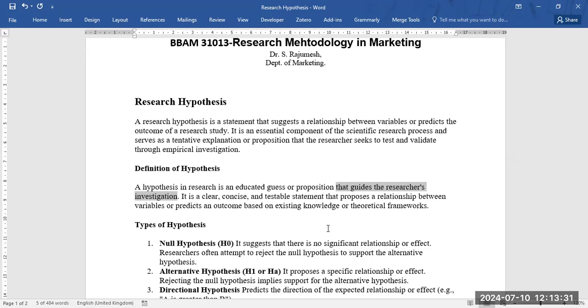The proposition also guides the researcher's investigation.